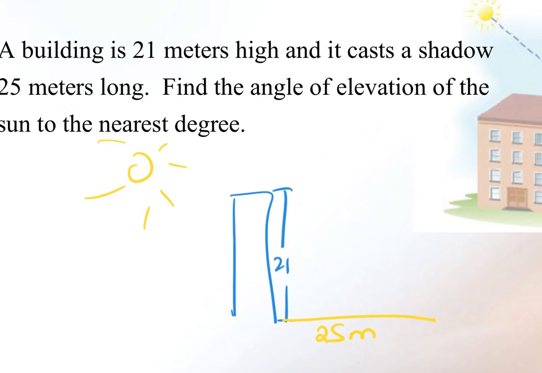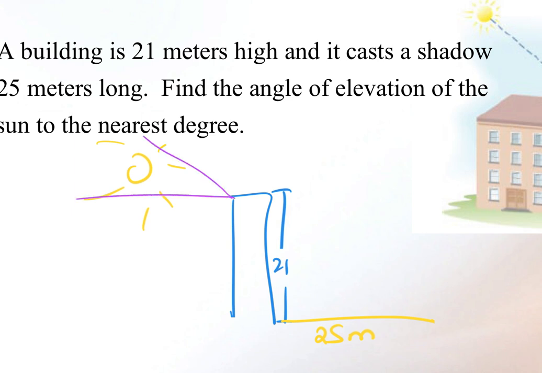Find the angle of elevation of the sun to the nearest degree. Now, the sun is technically over here, so if I wanted to find the angle of elevation, I could put my theta there. But this line is going to continue down, and these angles actually have a relationship if you remember from geometry. Do you remember what it's called when they're in the same spot, if those are parallel lines? They are the same value.